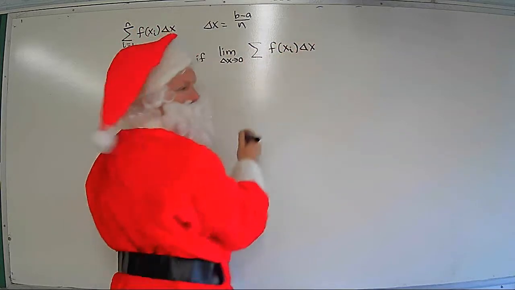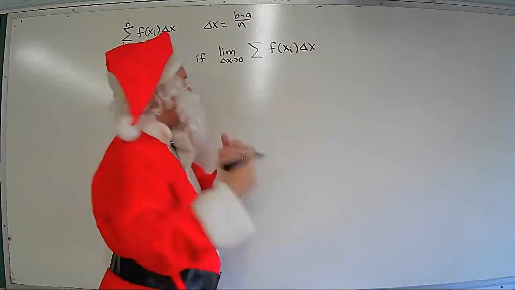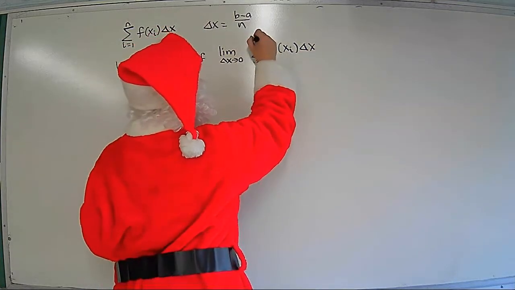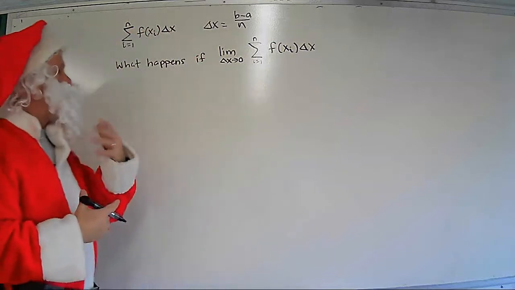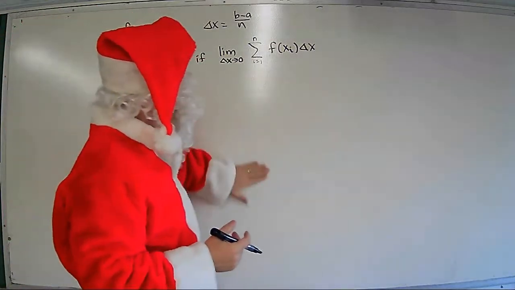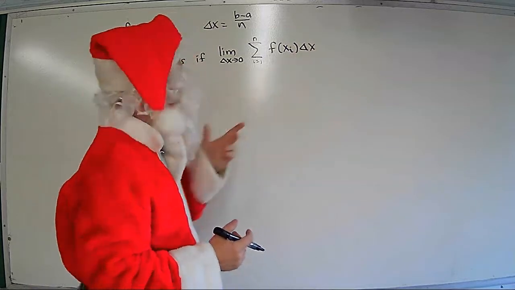Now I know you don't know how to do that yet, and you may never actually know how to do that symbolically or algebraically, but I think it's more important that you understand just conceptually what's happening here. What happens if delta x gets really small?